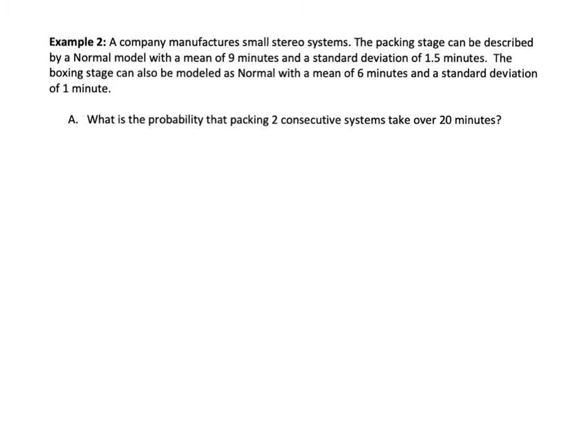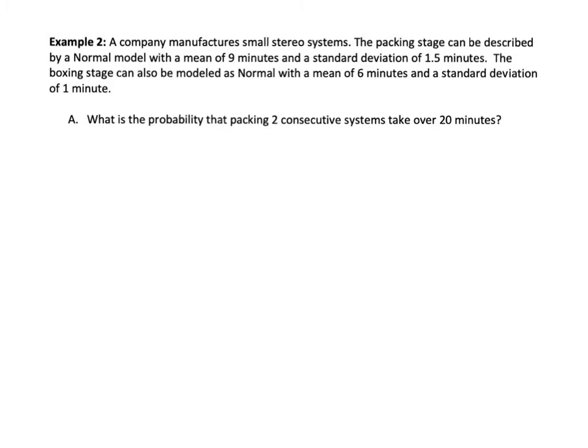Now we're going to look at some continuous random variables where we're combining them. So it says a company manufactures small stereo systems. The packing stage can be described by a normal model with a mean of 9 minutes and a standard deviation of 1.5 minutes. The boxing stage can be modeled as normal with a mean of 6 minutes and a standard deviation of 1 minute.